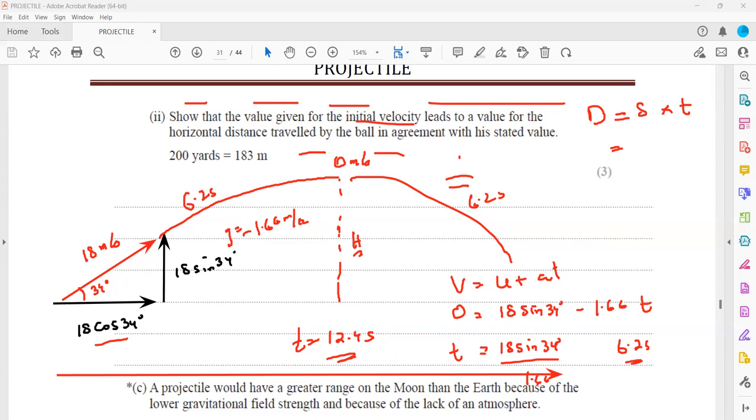We have to take the horizontal speed, which is 18 cosine 34, and the total time of flight, which is 12.4. When we multiply, it's about 185 meters, approximately, which is over 200 yards, because 183 meters is 200 yards. So if it is 185 meters, it means it is more than 200 yards.